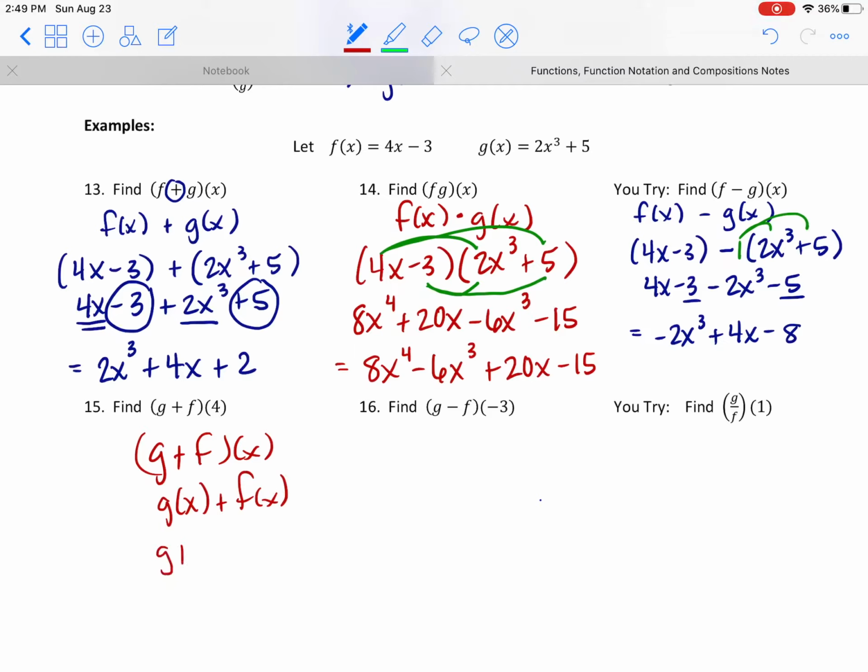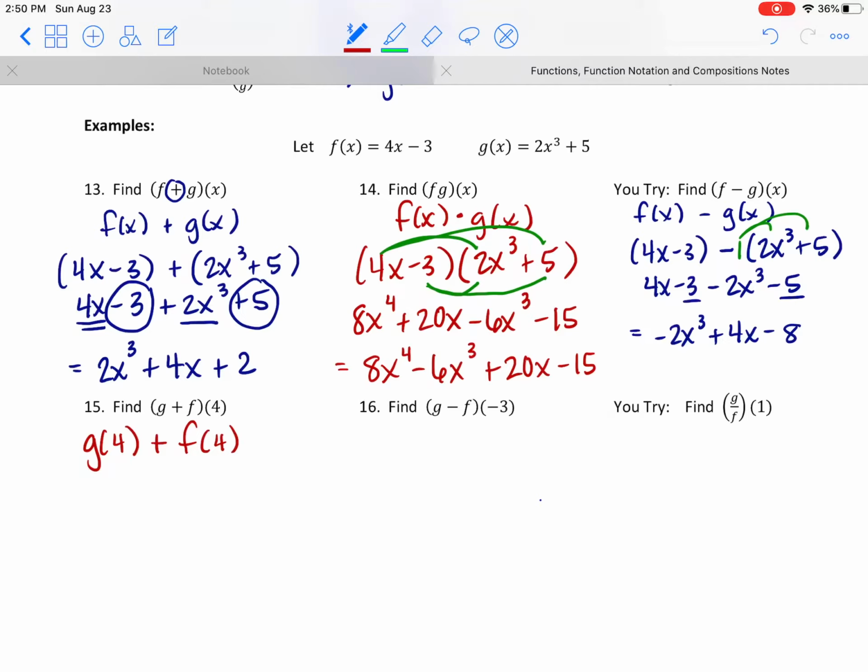Well, now it says g plus f of 4, which means we're going to find g of 4, and we're going to add it to f of 4. So that means we're going to be plugging 4 into both functions and then adding the results.